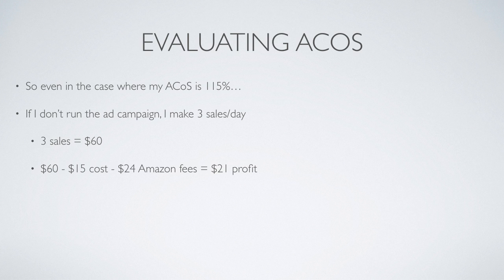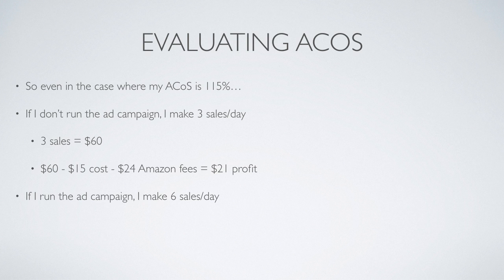I also have Amazon fees of $24, okay? Because again, the assumption was that Amazon's taking around 40% of the selling price of $20. So I have $8 on each sale that I'm paying to Amazon, so that totals $24 for those three sales. If you subtract 15 and 24 from 60, I'm left with $21 profit, okay?